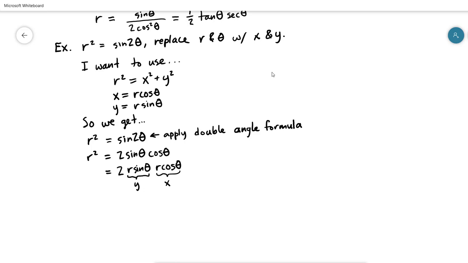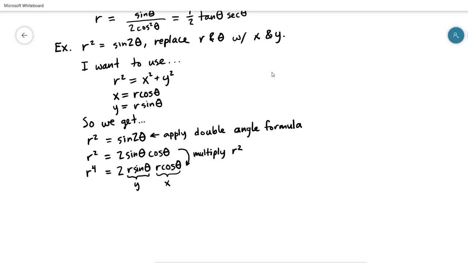But what I've effectively done is in going from here to here, I had to multiply by a factor of r for the sine of theta, another factor of r for the cosine of theta. I had to multiply by r squared. There were 2 r's that I added. And so I need to do the same thing on the other side. This is going to now be, instead of r squared, it's going to be an r to the 4th.